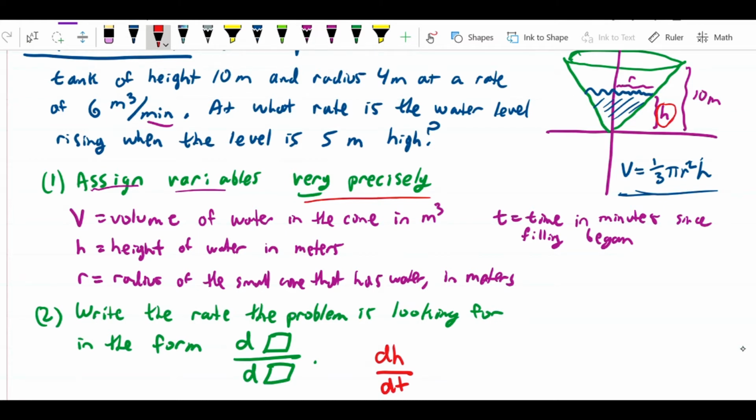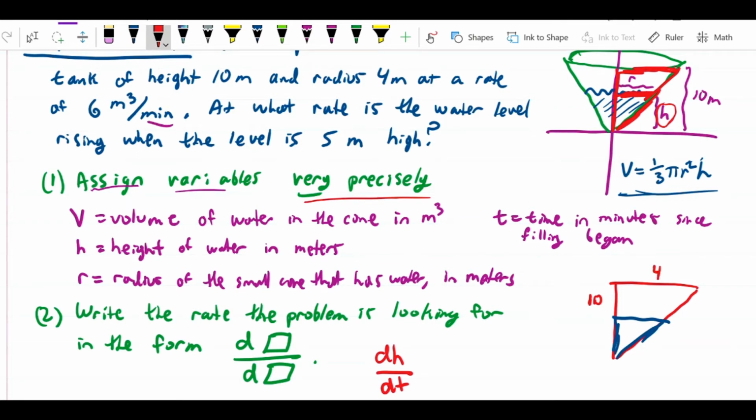That involves a little geometry, which I'm just going to do over here. Take a look at this triangle and this one. The big triangle has a height of 10 and a radius of 4.